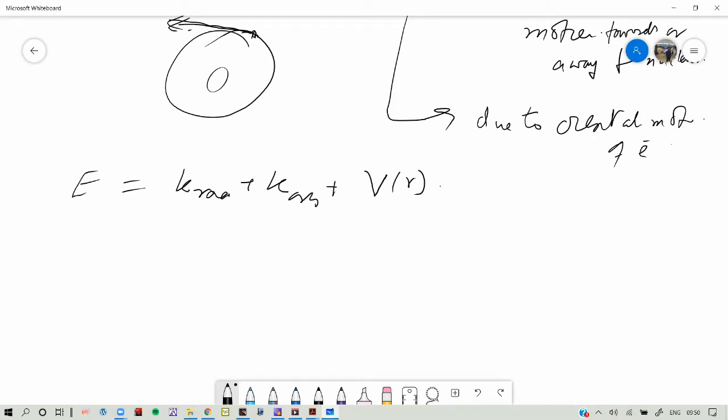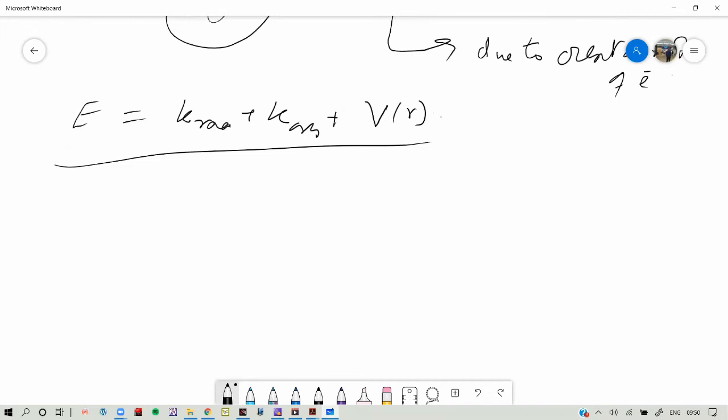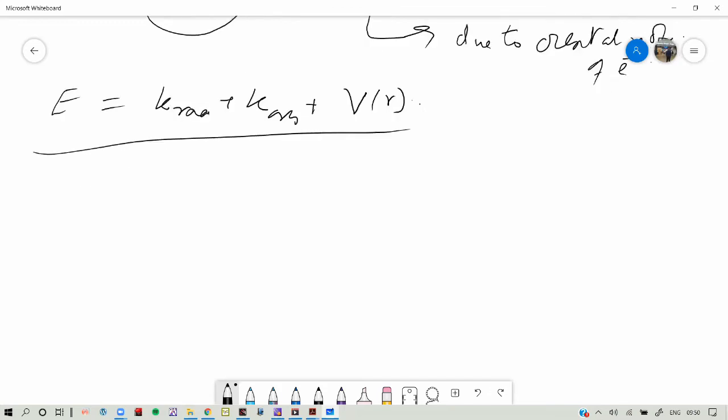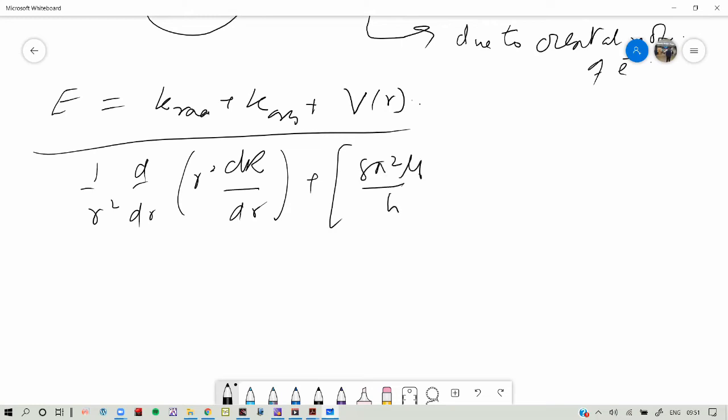And in the radial case, if we put this value in the radial equation of the hydrogen atom, the radial equation becomes 1 by r square d by dr of ... is K radial, K orbital plus V of R, and minus this V of R will cancel out.